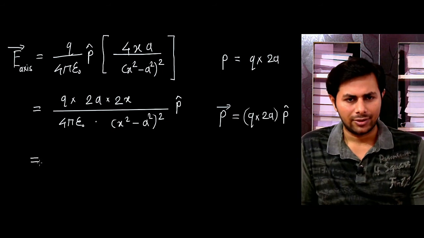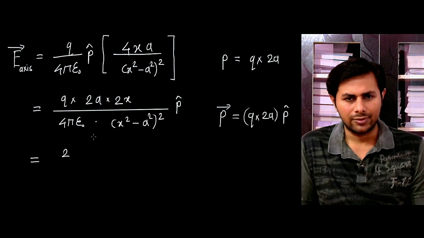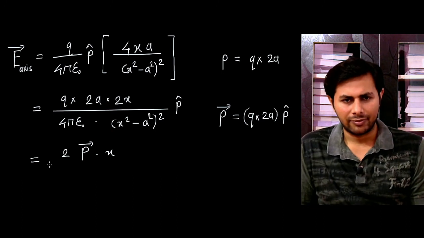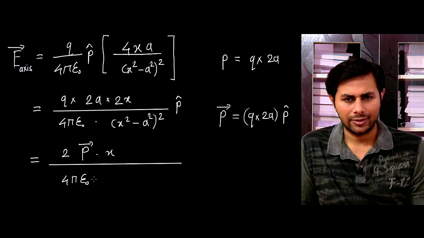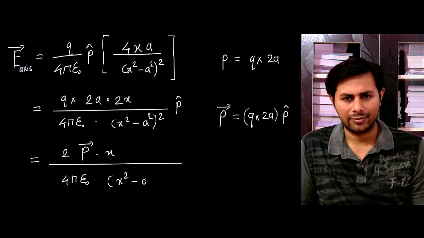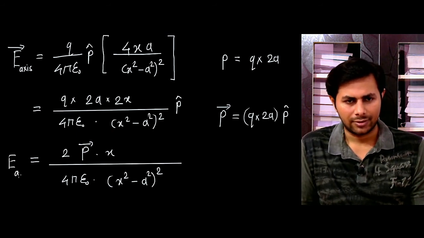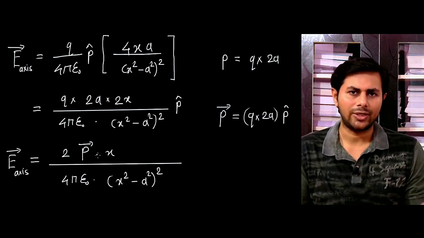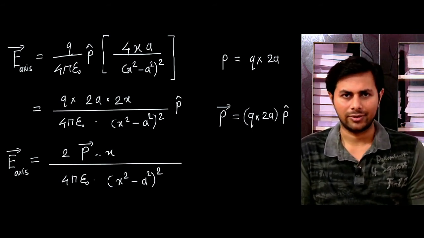So we can rewrite this as 2 times p bar into x divided by 4 pi epsilon naught multiplied by (x squared minus a squared), squared. So this is the formula for the electric field due to an electric dipole at an axial point, which is at distance x away from its midpoint.